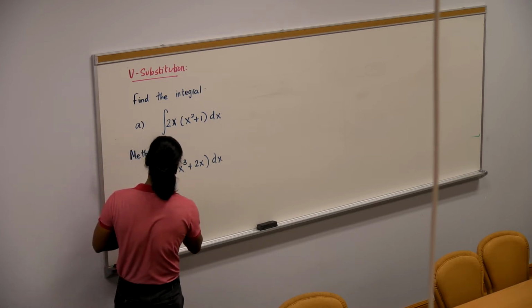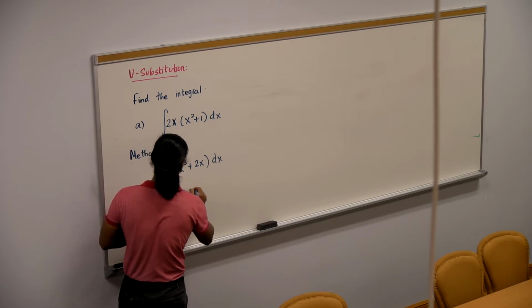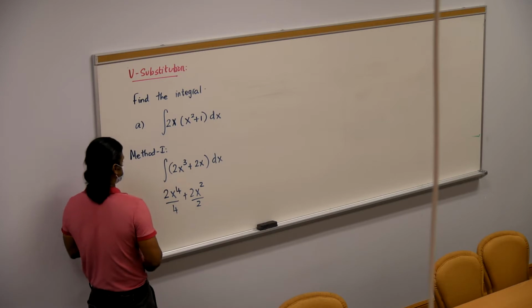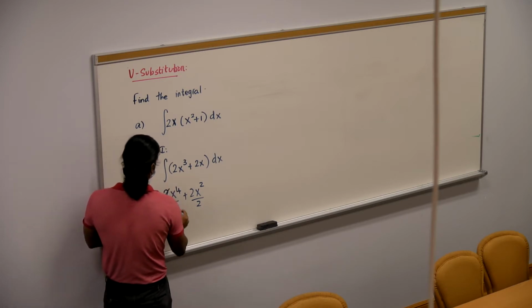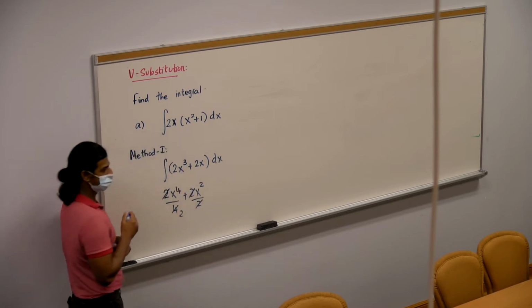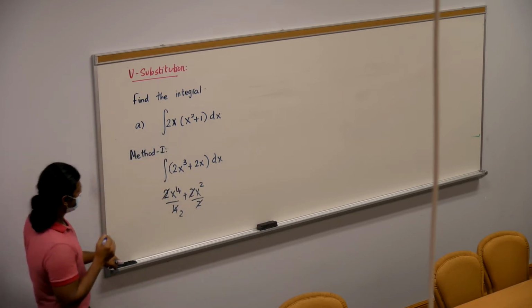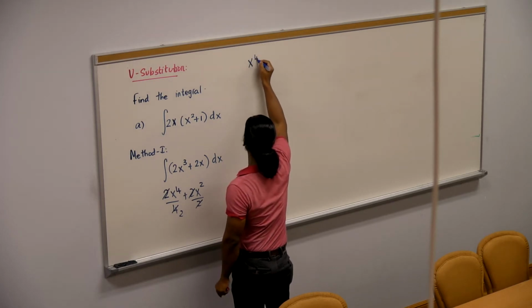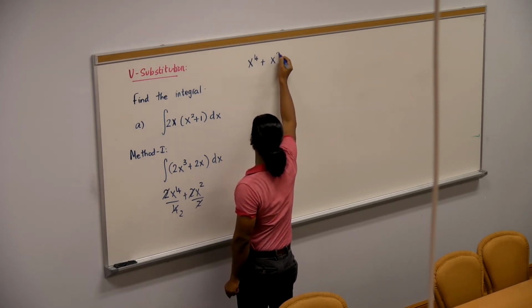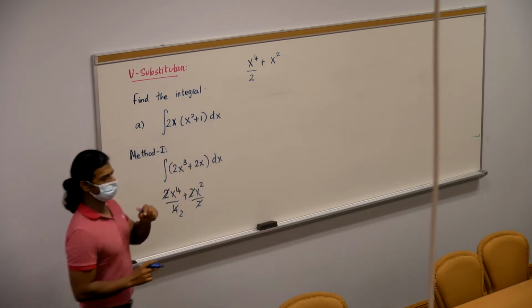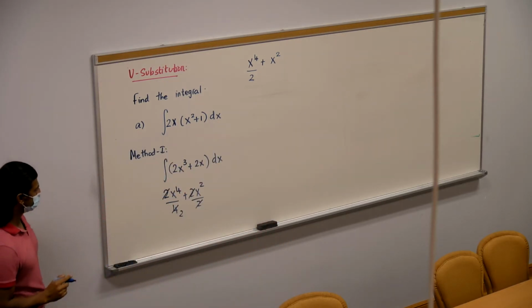So I would get 2x raised 4 over 4 plus 2x squared over 2. So the 2 and the 4 would get cancelled. The 2 and the 2 would get cancelled. So we would end up having x raised 4 over 2 plus x squared.